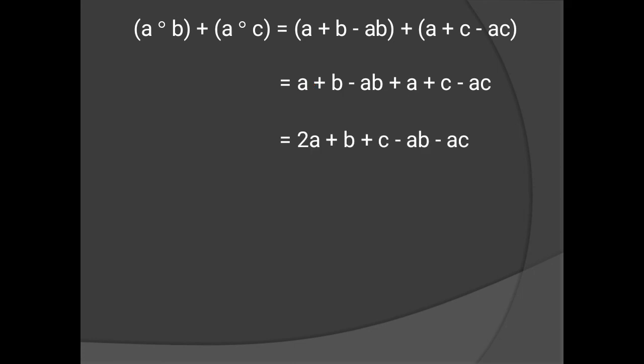Right, so A plus A is 2A. Then B is alone, so plus B, plus C is here, minus AB is here, then minus AC is also here. So the two A's have been added to get 2A. All right.